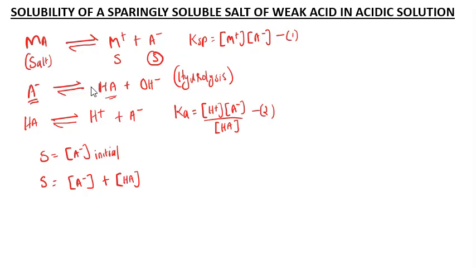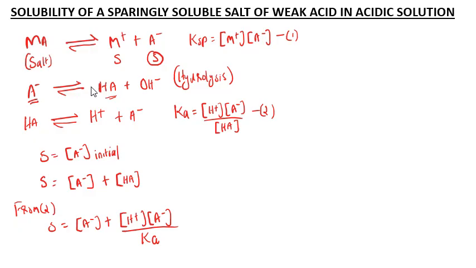Now, from equation number 2, we can find the concentration of HA. From equation 2, we can write the solubility S equal to the concentration of A- plus the concentration of HA, which is the concentration of H+ times the concentration of A- divided by Ka.